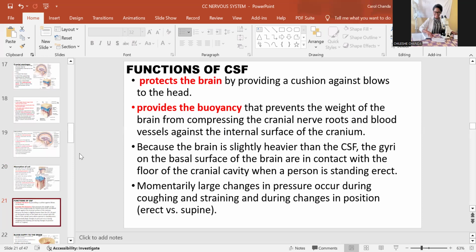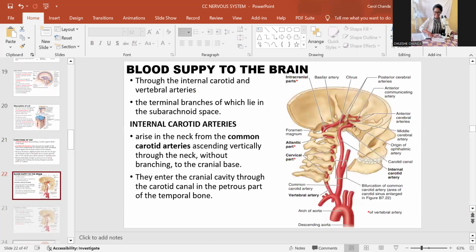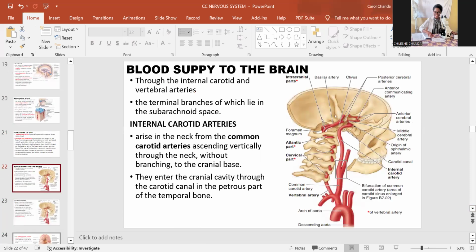Because the brain is slightly heavier than CSF, the gyri on the basal surface of the brain will be in contact with the floor of the cranial cavity when someone is in an erect position. Momentarily large changes in pressure occur during coughing and straining and during changes in position. Okay, and so that is what we're talking about.